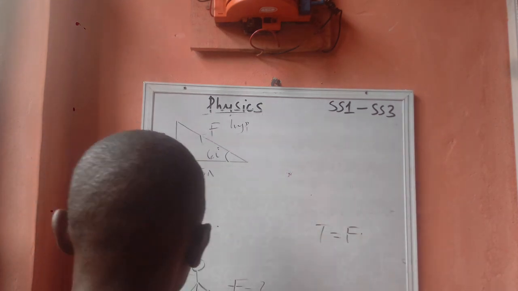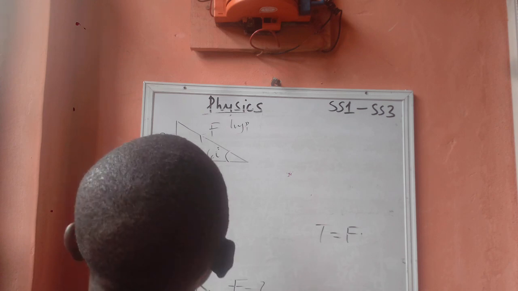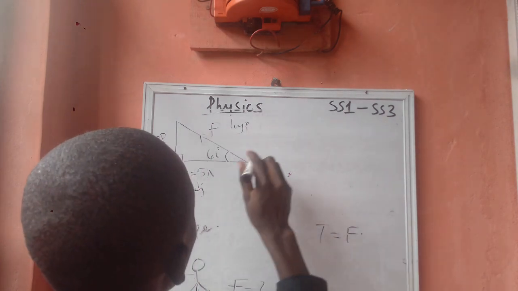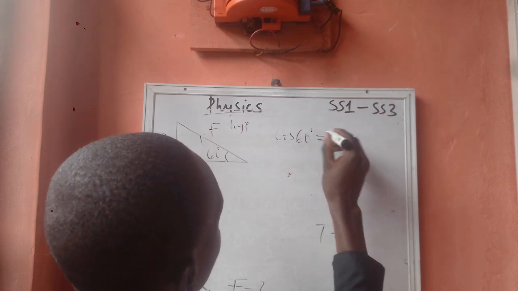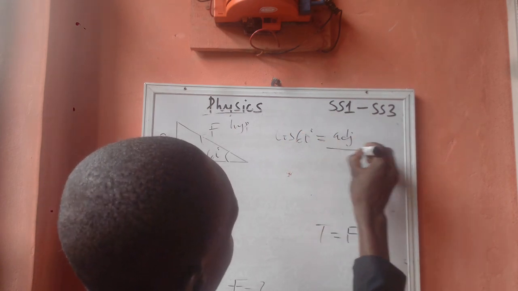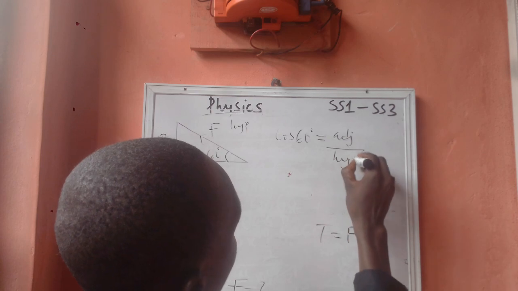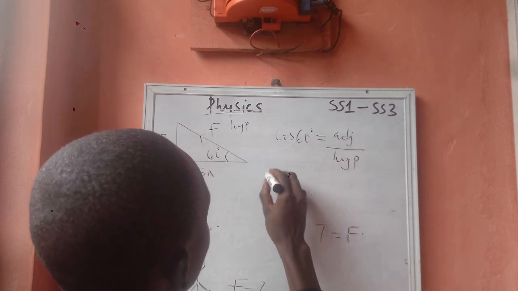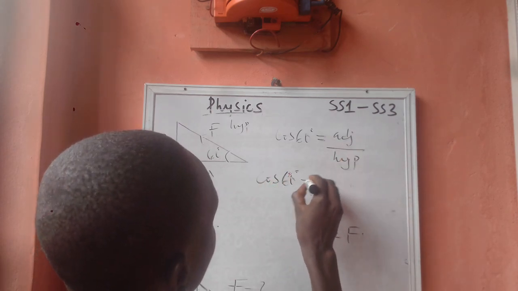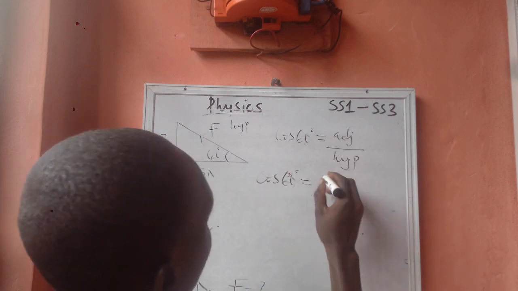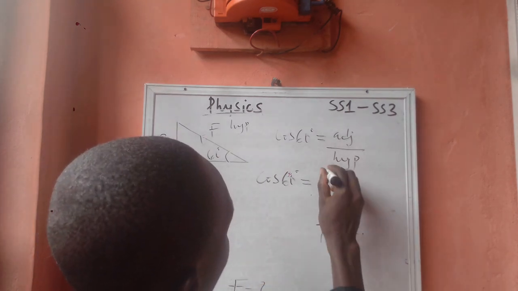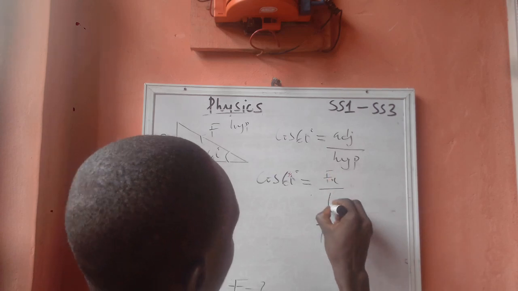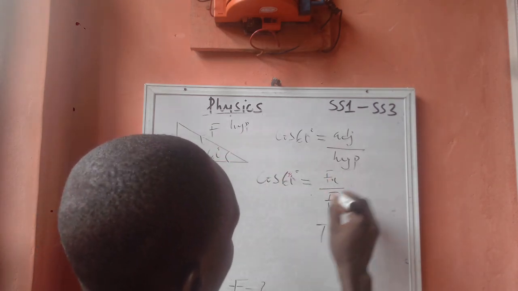So in essence, from trig ratios, cos 60 degrees will be adjacent over the hypotenuse. So cos 60 degrees equals the adjacent, 5 Newton, or Fx, over F, which is the hypotenuse.